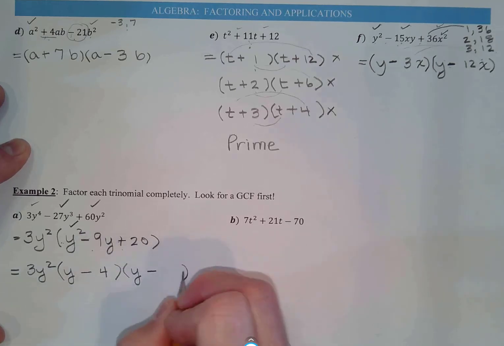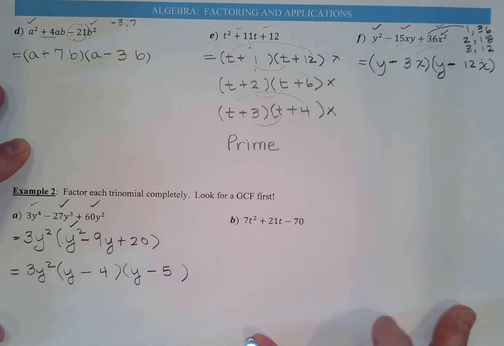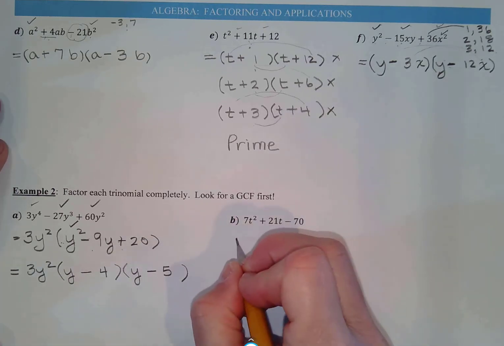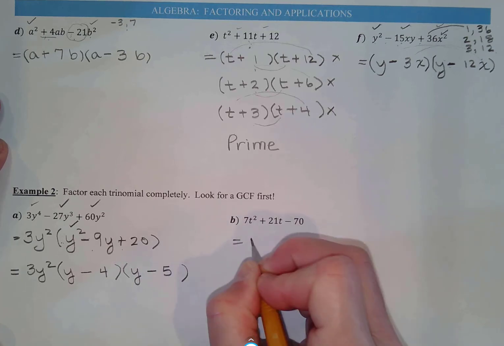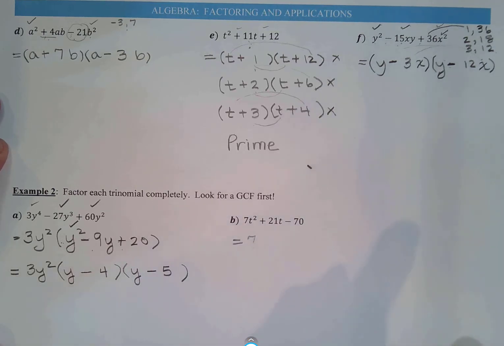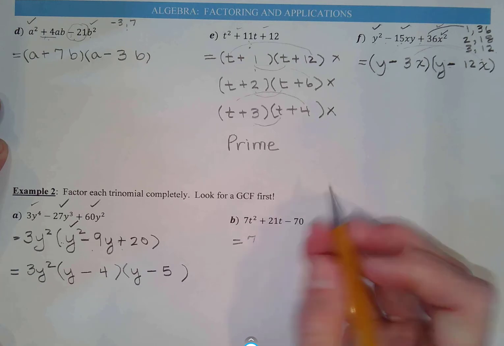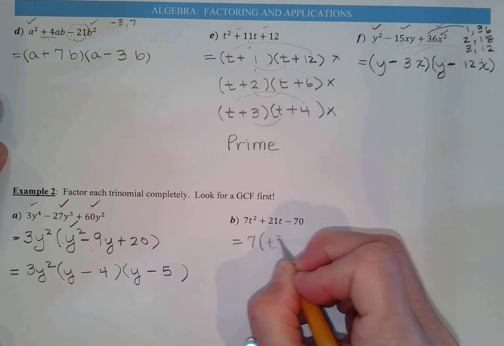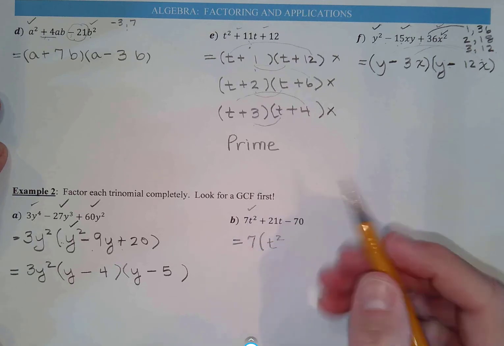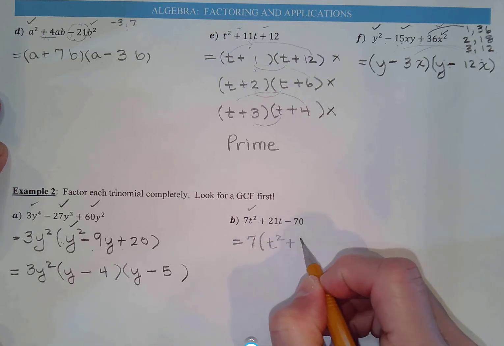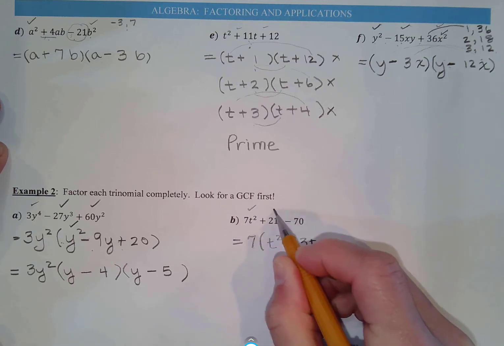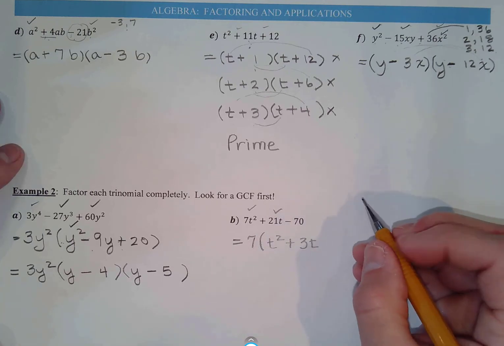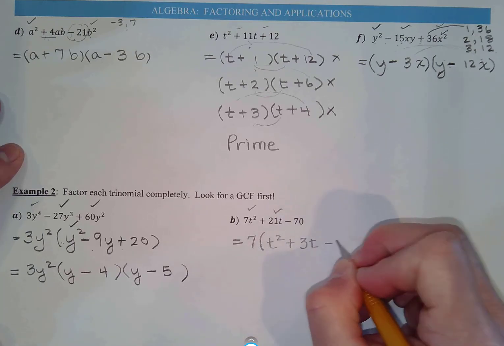Check by multiplying. Part B, each of these terms has common factor 7. 7 times t squared gives 7t squared. 7 times 3t gives 21t, and 7 times negative 10 gives negative 70.